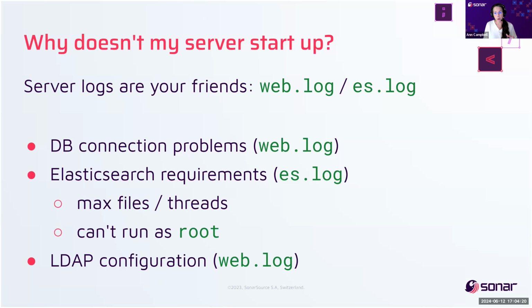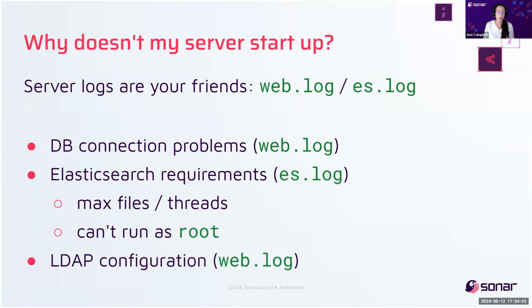Now, also, when you move from evaluation into production, we begin imposing the requirements that Elasticsearch needs to run well in a production context. And specifically, Elasticsearch wants to be able to open a minimum number of files and threads, and that's not always configured by default in all OSs.